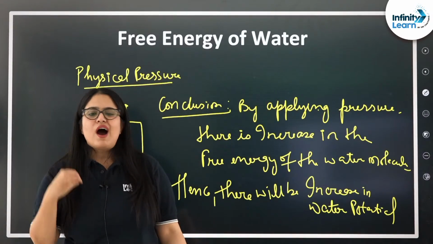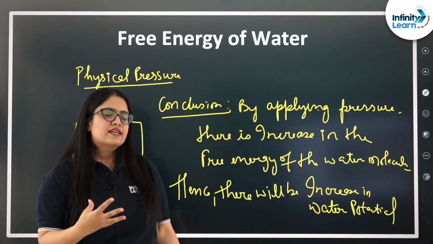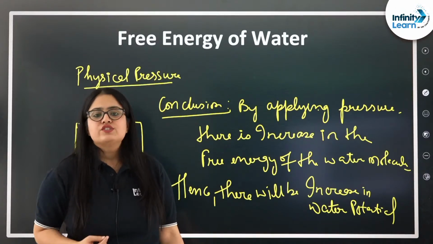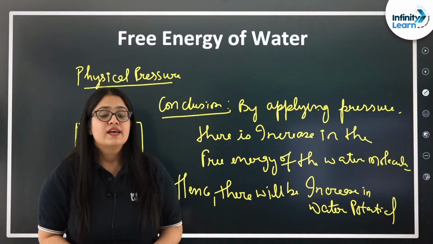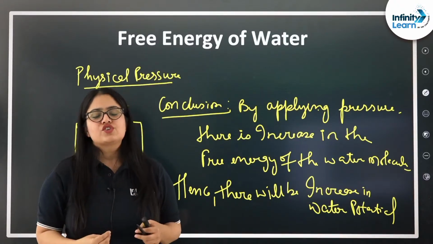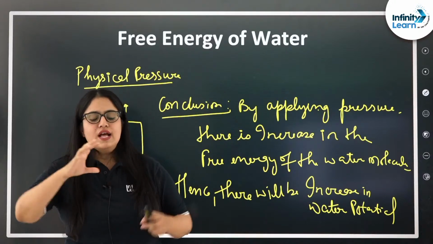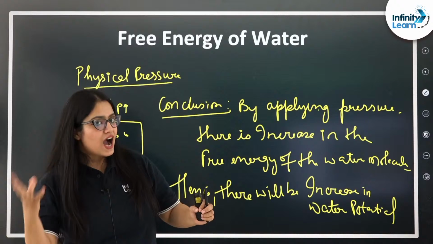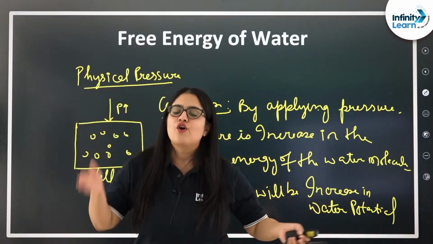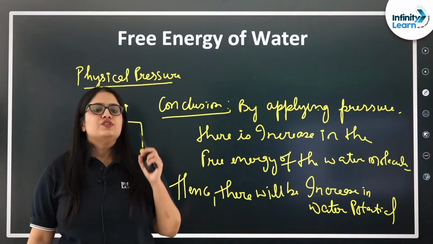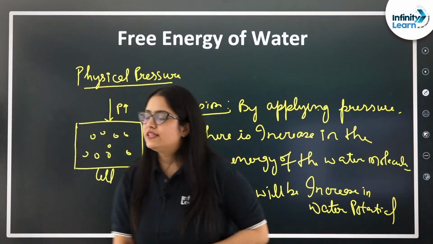So till now, after understanding the effect of kinetic energy and external pressure on the free energy of water molecules, that is actually going to reflect on the water potential as well, we can conclude that the movement of water molecules takes place from a region of high water potential to a region of lower water potential. So this is one of the tips that you need to follow while giving the answers.